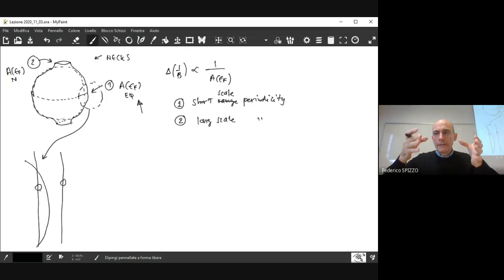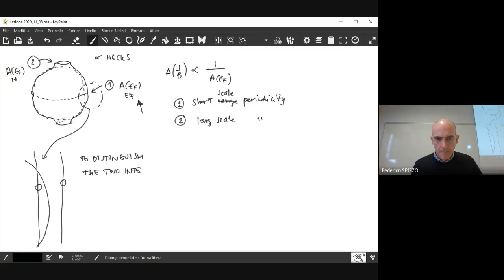Then you have a moment where you have no intersection, and then as you increase B, you have another intersection. So to distinguish these two intersections means observe the oscillation.